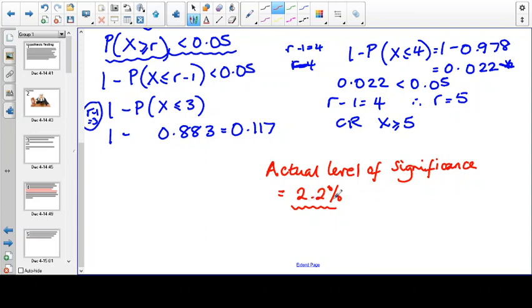Okay, so it's all to do with this confidence. 5% significance level means that you're 95% confident. This actual significance level is the chance that you've wrongly rejected the null hypothesis, or you've wrongly sent a person to prison, depending on what the context is. So that's the actual level of significance, and that is just the probability that you've calculated.